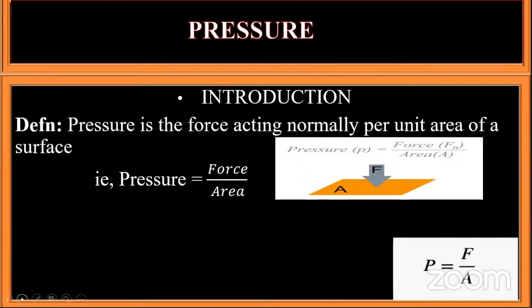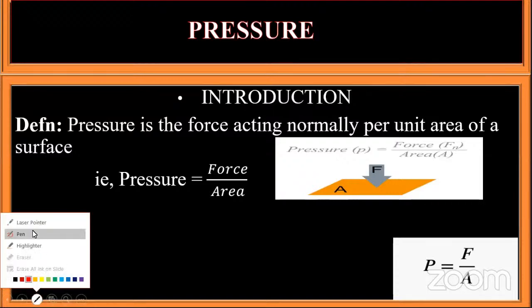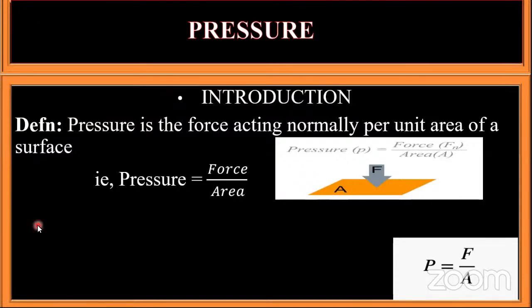So if we have a surface like this, which is the area, and we have this force acting on this area, for it to be considered pressure, this area is supposed to be 1 meter squared, and this force is supposed to act at right angle. When we talk of right angle, we mean at 90 degrees, as you see this arrow, at 90 degrees.